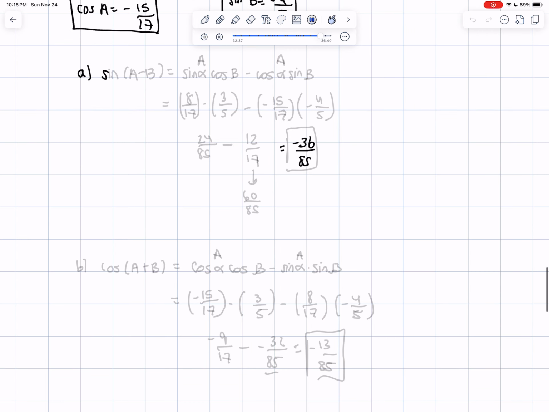Sine A minus B. If I go back to my original 4 equations, let's see.